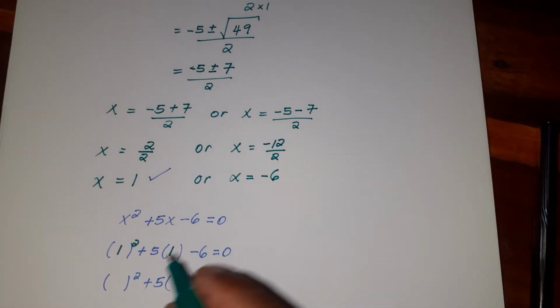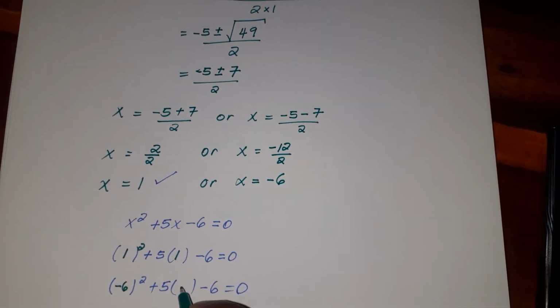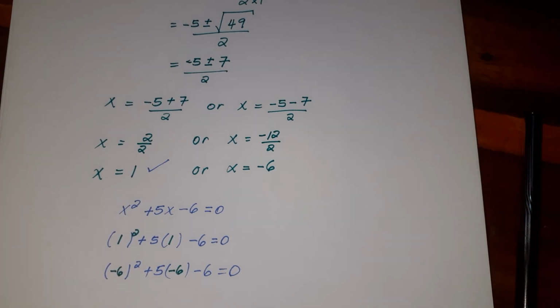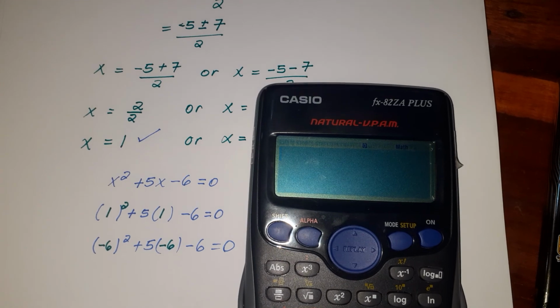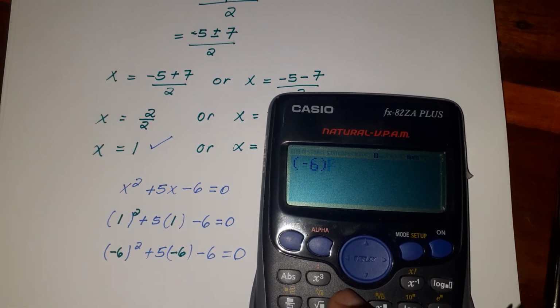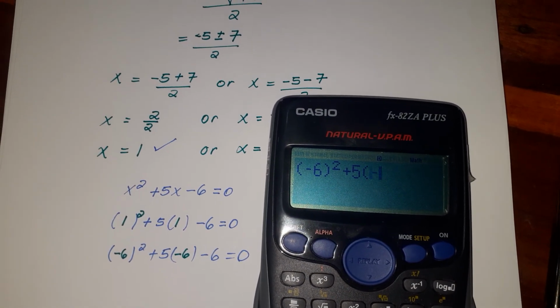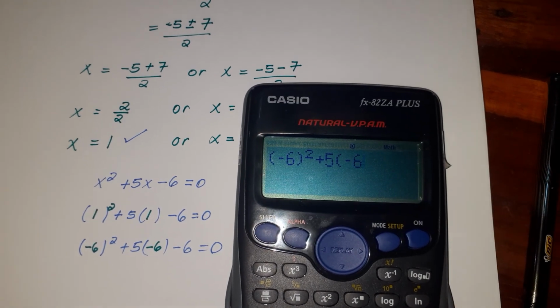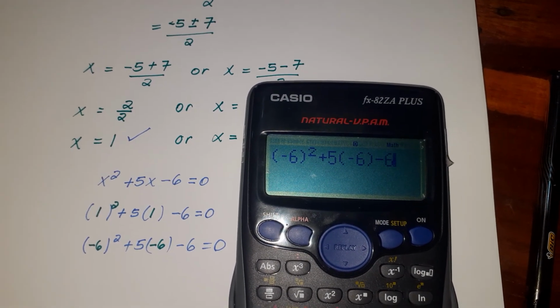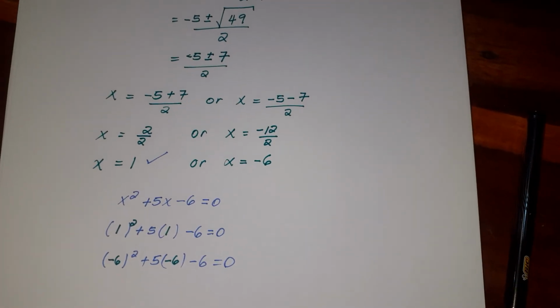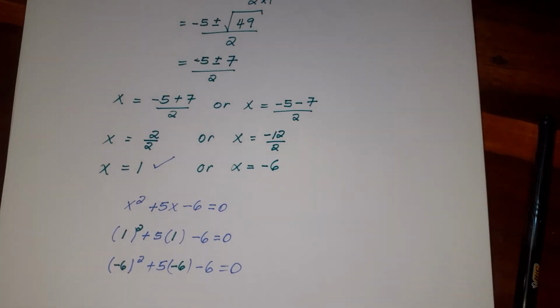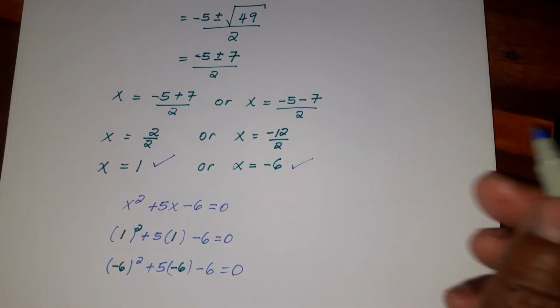Our second solution is negative 6. We put in negative 6. We can also use our calculator. We have negative 6 squared plus 5 times negative 6 and then minus 6. Indeed, we are still getting 0. Then it means that our second solution is also correct.